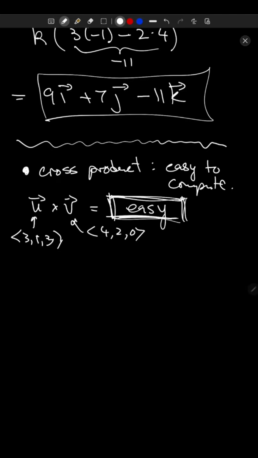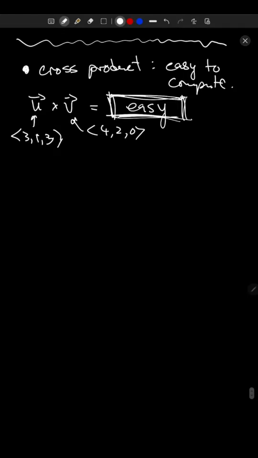So what that means is, just like with the dot product, we can use this fact to understand properties of the interaction between two vectors using this computation. All right. So what I mean is we know u cross v by the official picture definition is the length of u times the length of v times sine theta.